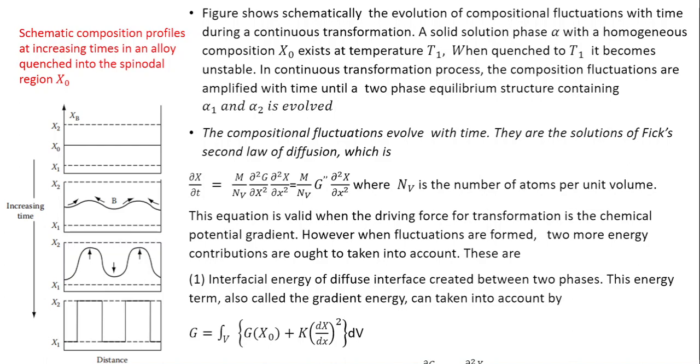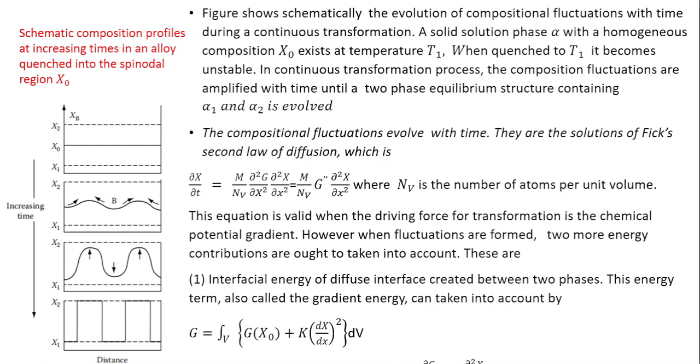This energy term is also called gradient energy, and can be taken into account by writing G as the volume integral of G of X0, that is the free energy of the base or parent phase composition, plus K multiplied by (dX/dx) squared.